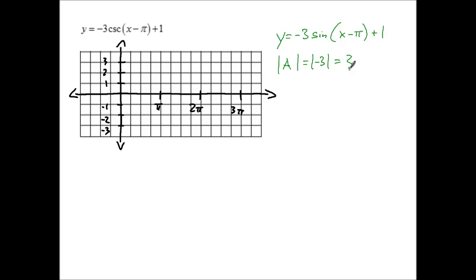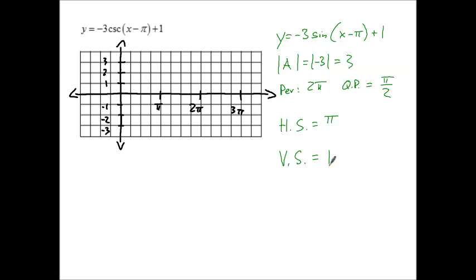We have a period, which is like our standard period, 2 pi, and it makes our quarter period, again, pi over 2. Our horizontal shift is pi over 1, or just pi, and our vertical shift is, again, 1.